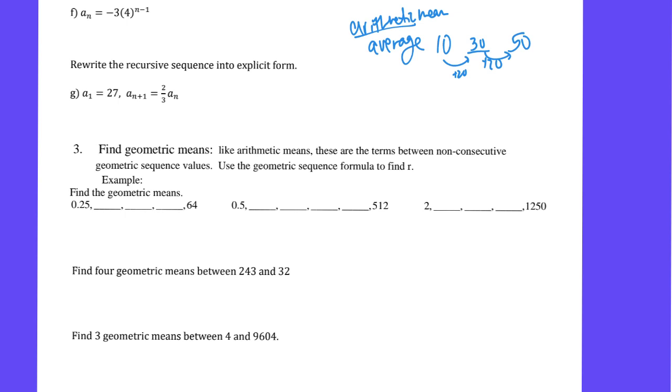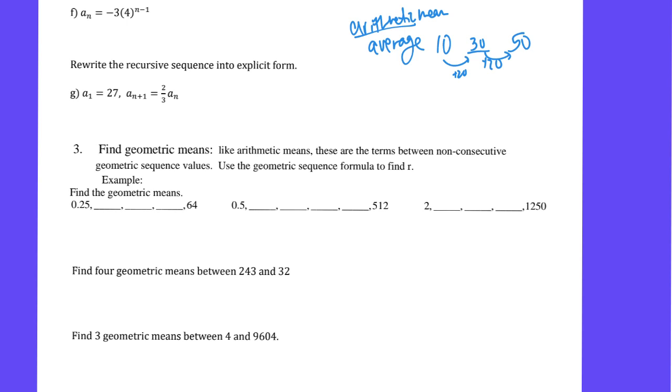Okay, geometric, we're figuring out, is there a way to multiply by the same factor to get from one to the next. And the weird thing is, in geometric means, we find multiple, like a couple of rocks to walk across the river, like stepping stones.